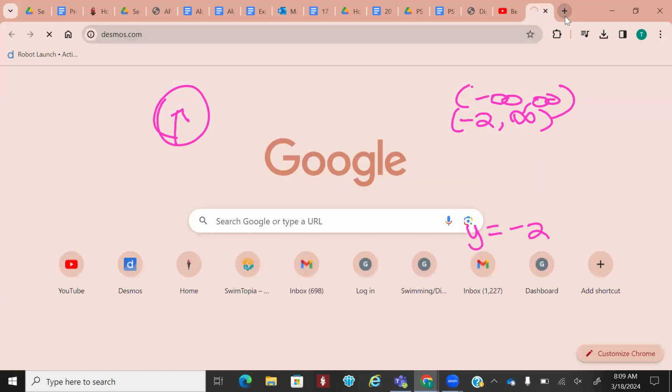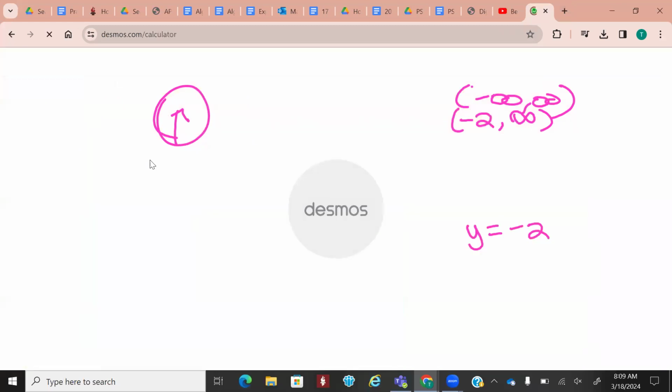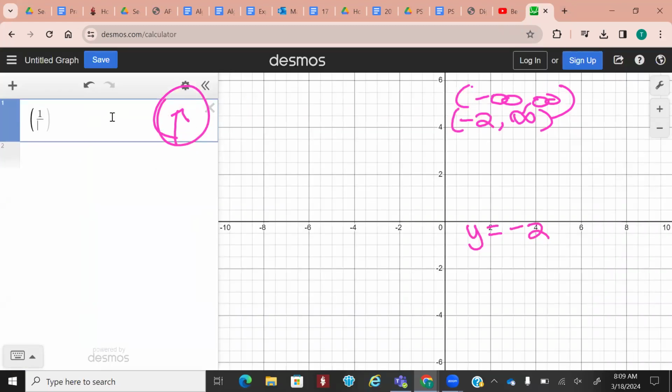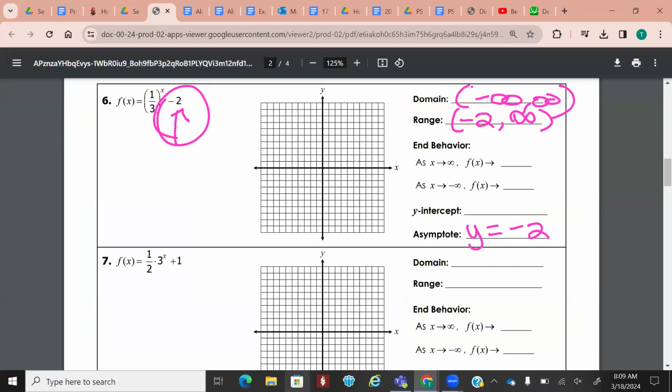Now our y-intercept is going to be (0, -1). And then as we're going to the right, it's getting closer and closer to -2. As we go to the left, it's getting closer and closer to positive infinity.